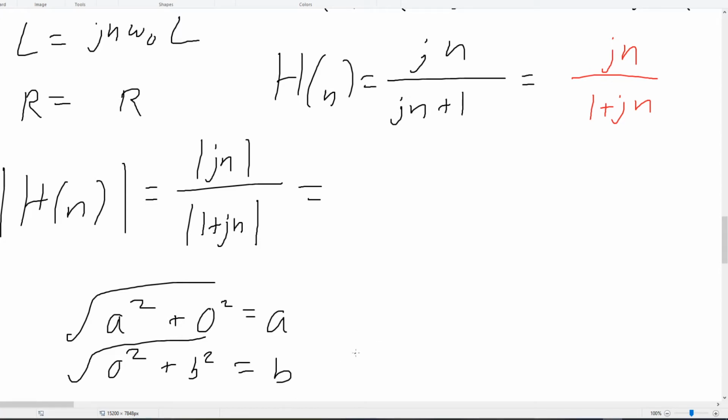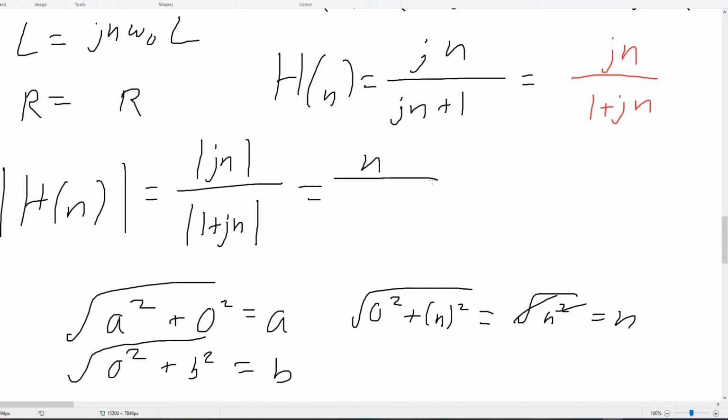So if I do that for you guys right now, there's no real terms on the top here, so this is going to be 0 squared added to n squared, which is equal to the square root of n squared. These cancel, and you get n. Very nice. So that's the top part.